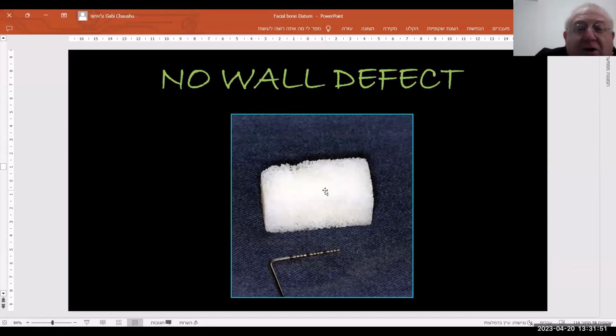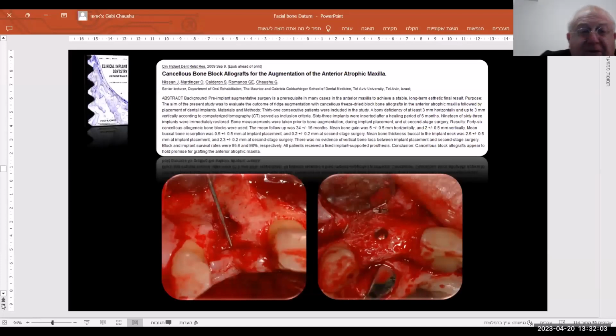Because we don't have a cortex, the osseous membrane takes the place of the cortex, allows faster ossification, and prevents the resorption.